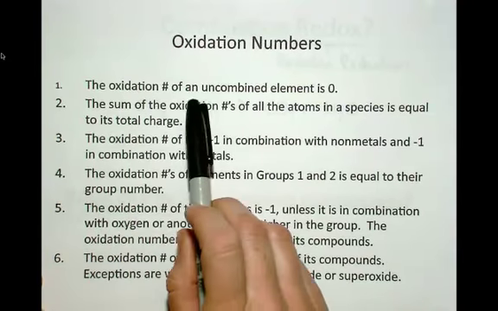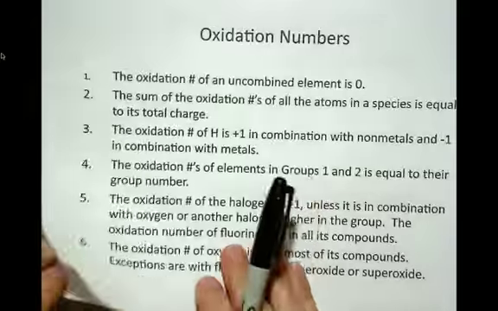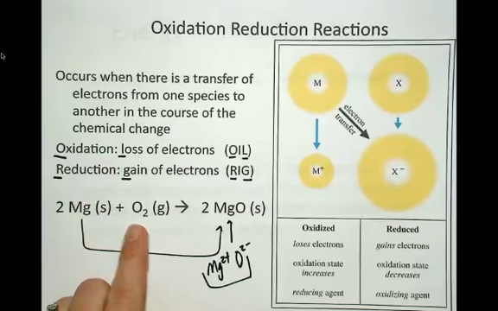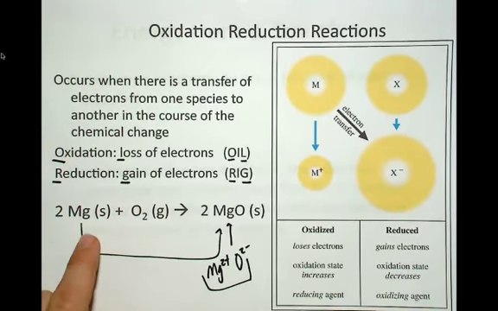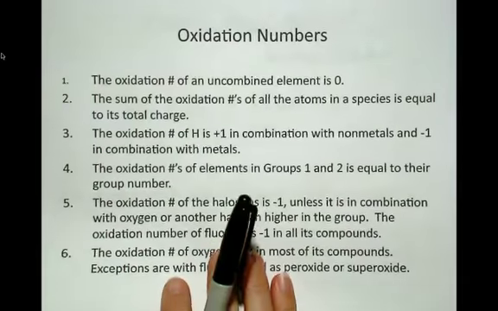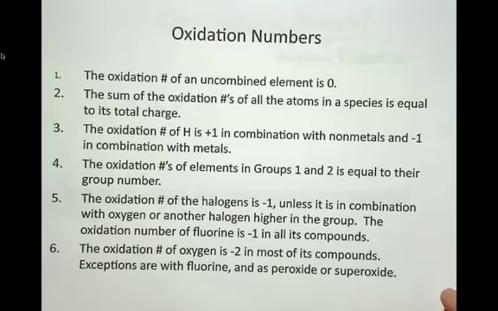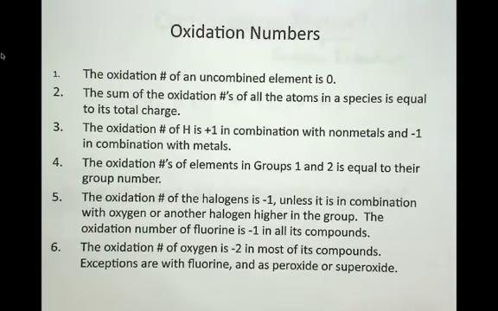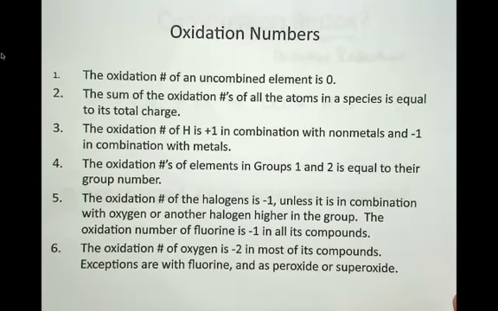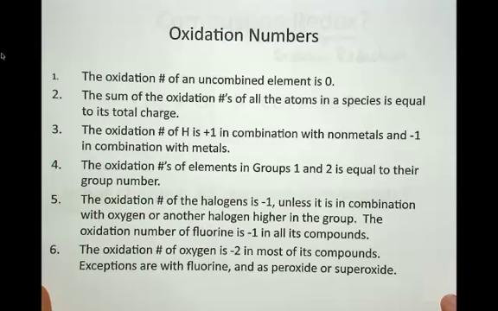The oxidation number of an uncombined element is always 0. So for example, in the case of these elements, the oxidation numbers would be 0. Now an oxidation number, let me tell you this, is different than a charge. In the case of an element that's just an uncombined atom, the oxidation number is the same as the charge.